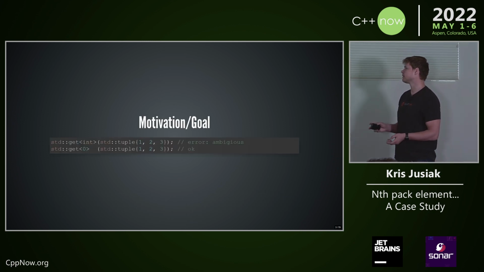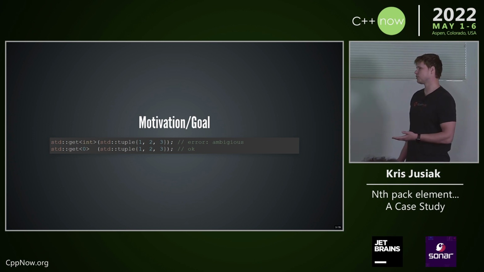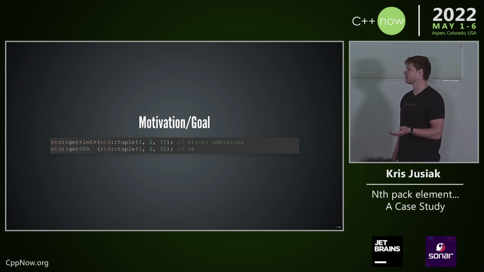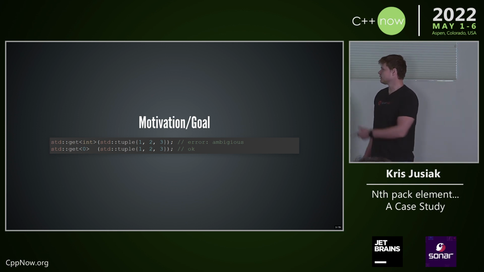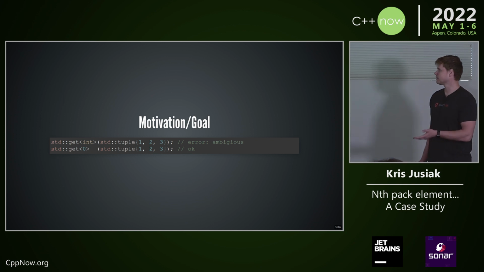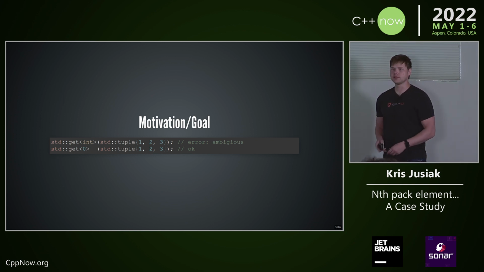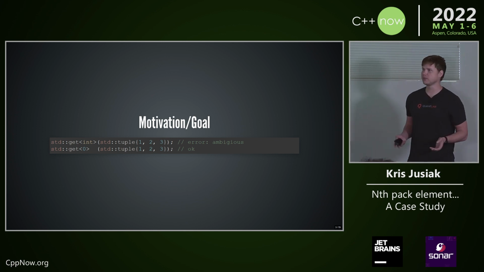So the motivation. The simplest motivation is the fact that when we have a tuple with elements which have the same type, we can't get it easily, right? It's like get<int> doesn't tell us the first one, second, or the third one. But if we use get<0>, we can easily disambiguate that. So that's the base motivation, and obviously there's a lot of TMP involved.